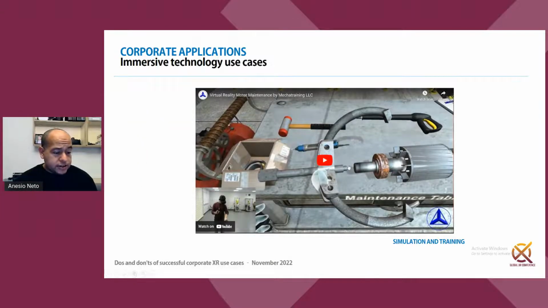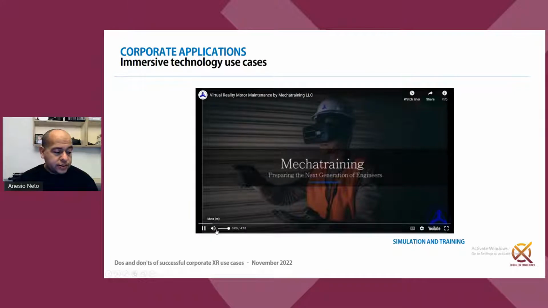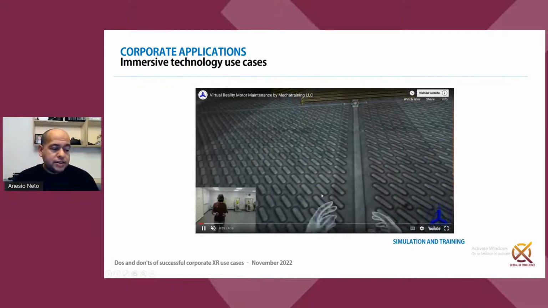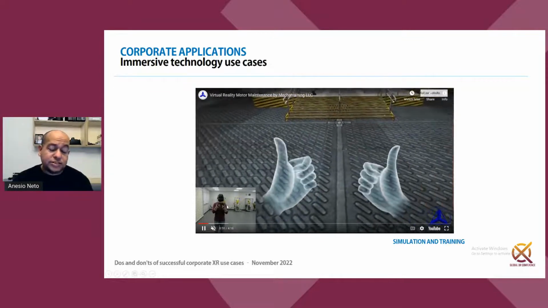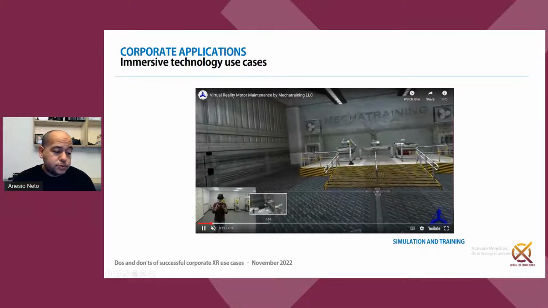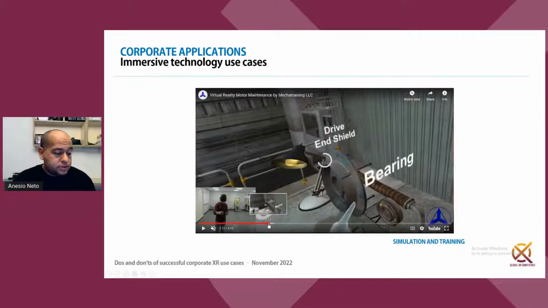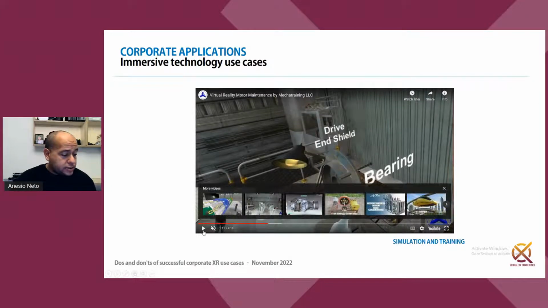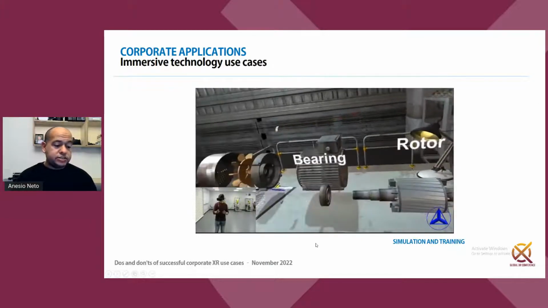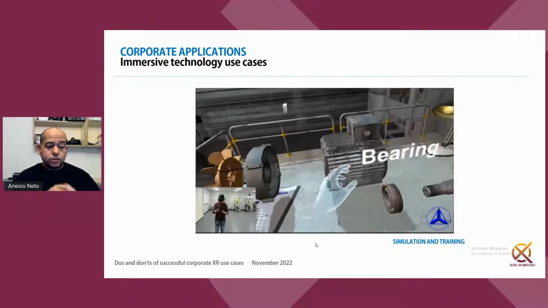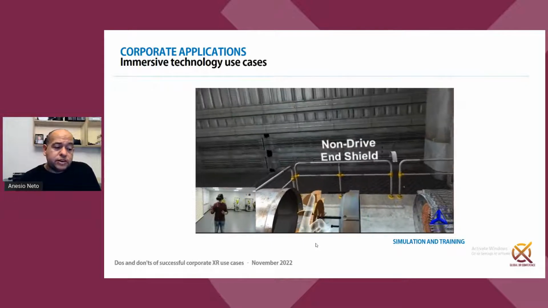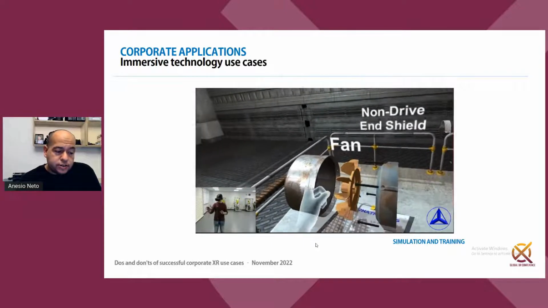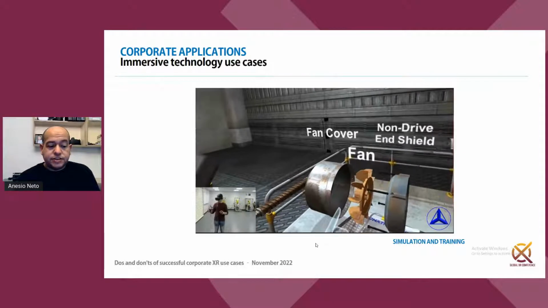This is one video with an example of virtual reality training. I'm not going to play the sound because you don't need to hear it. On the left side, you can see one person with the headset and the controllers, and he's going to perform maintenance on one piece of equipment. Here you can see this is a motor, so you can see all the spare parts over there, and the person can learn without even being in the factory or wherever this motor is.